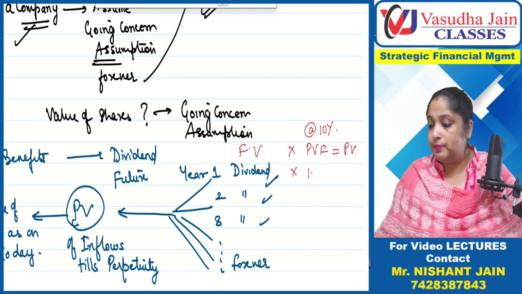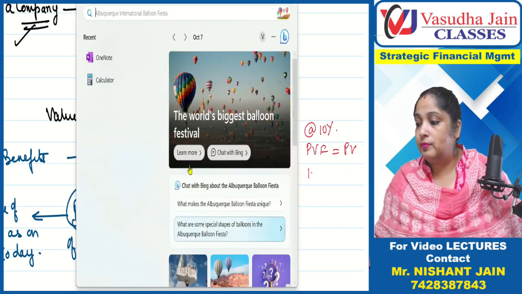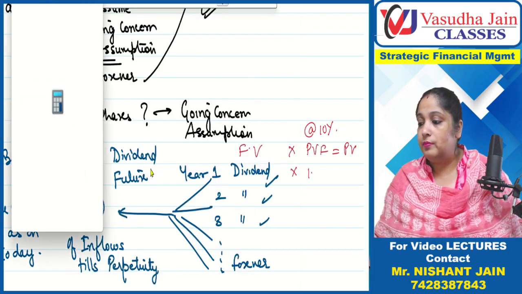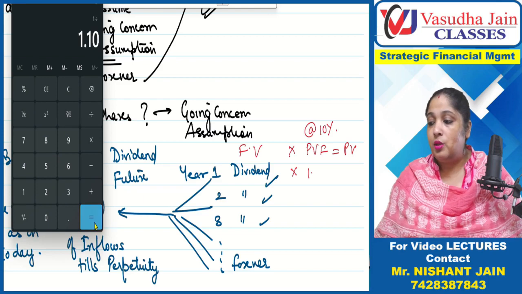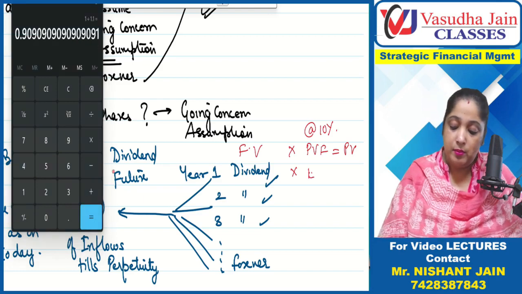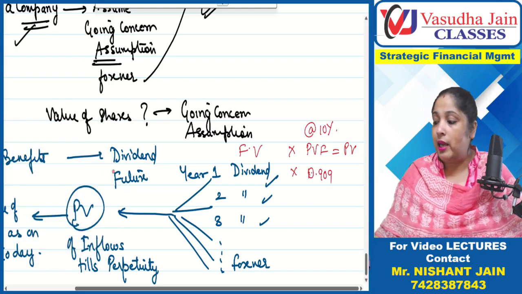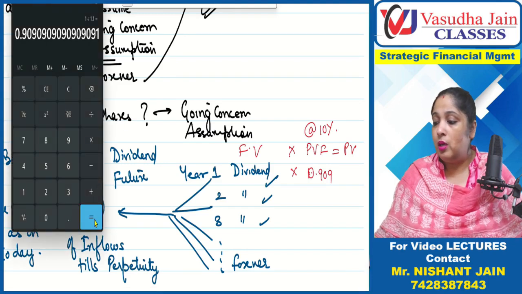Suppose it's a 10% present value factor. One divided by 1.10, if 10% is the time value of money, so you get 0.909. Then again pressing equal to, for the second year you will get 0.826.